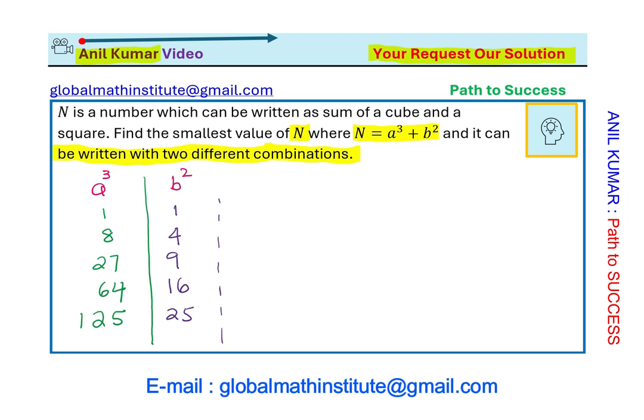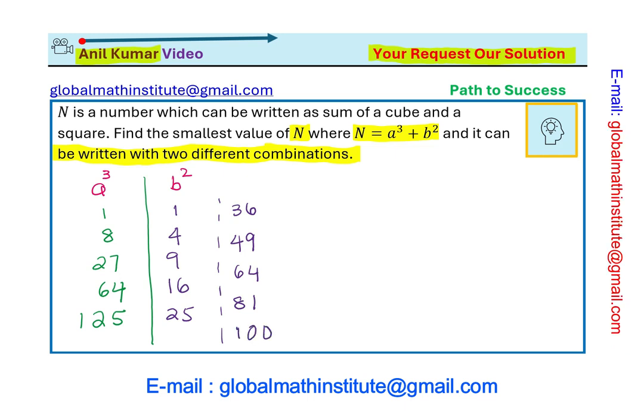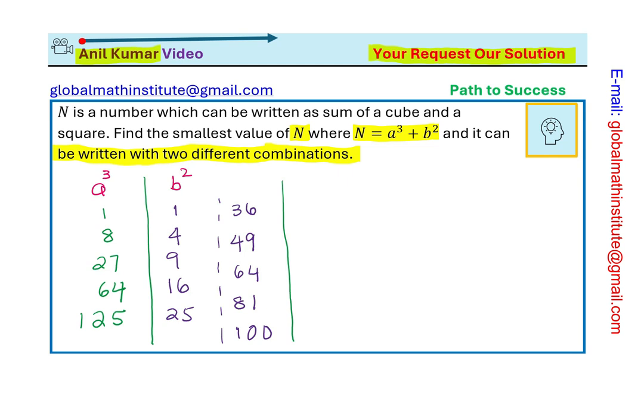After 25, 6 square 36, 7 square 49, 8 square 64, 9 square 81, 10 square is 100, correct? So we get all these numbers. Once you have this list, we are looking into the combination of number n, which is a cube plus b square.